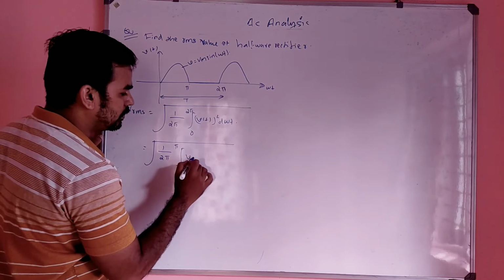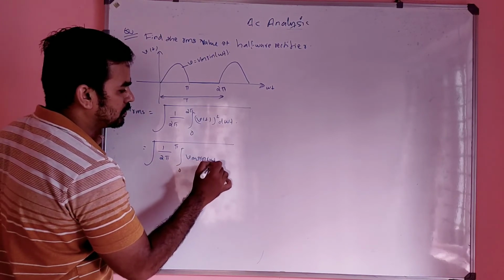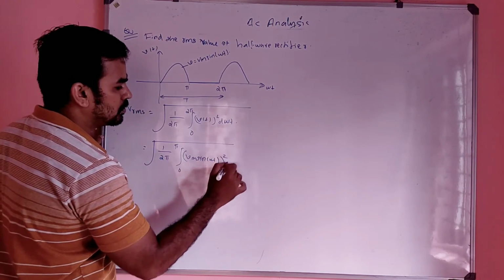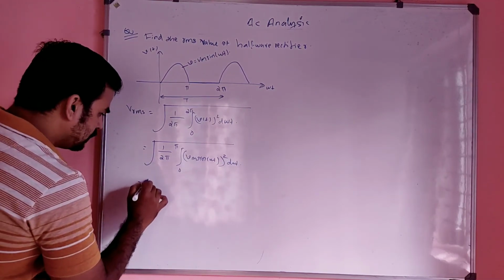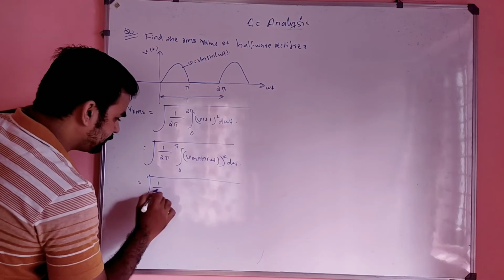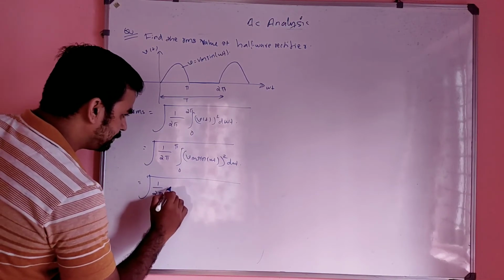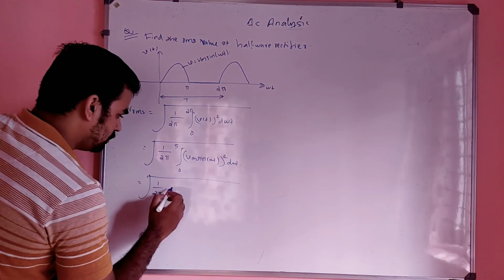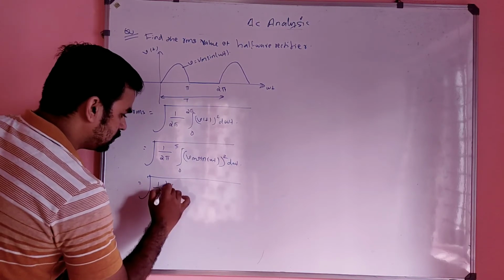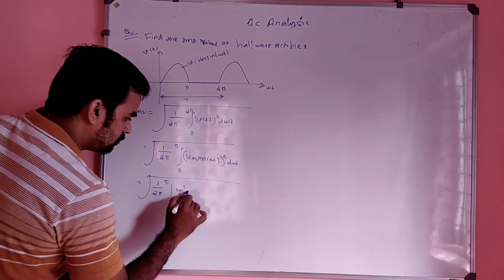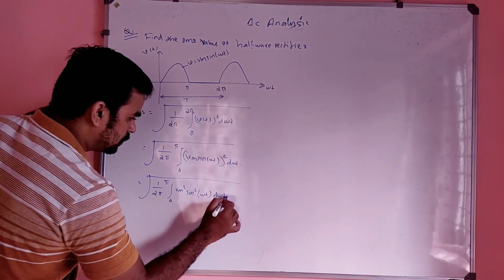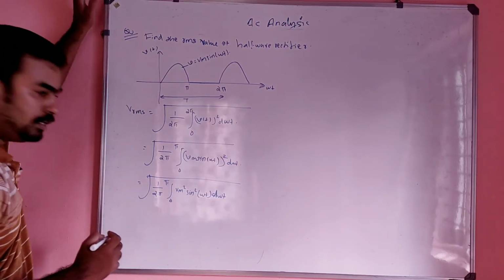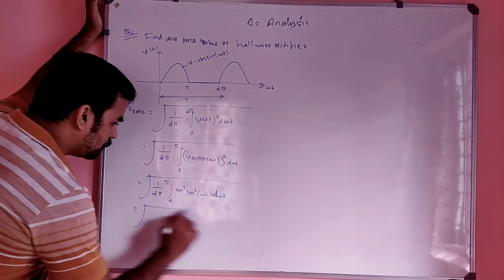So it will be 1 by 2 pi integral 0 to pi Vm square sin square omega t d omega t, correct or wrong?